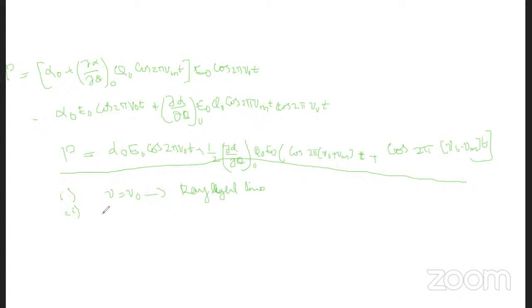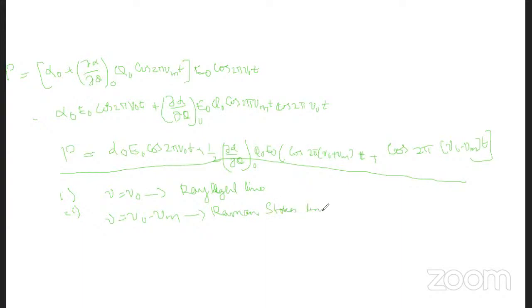Then the second one we are going to get is nu equals nu naught minus nu m. That is what we have seen here, cos of 2 pi (nu naught minus nu m) t. That is the second term of this equation for P. This is what we call the Raman Stokes lines.